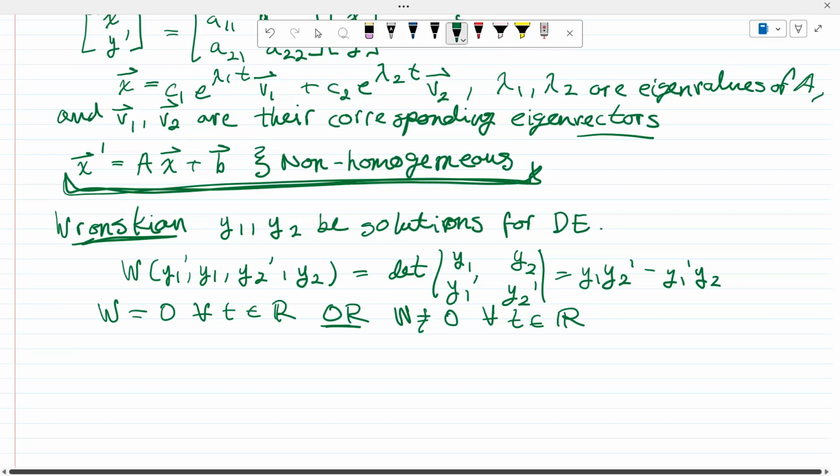And if you want to disprove it, you would just show one instance in which it's equal to 0, and one instance in which it's not equal to 0, and then you're good. Or you might have to prove that it's equal to 0 always, or that it's never equal to 0.